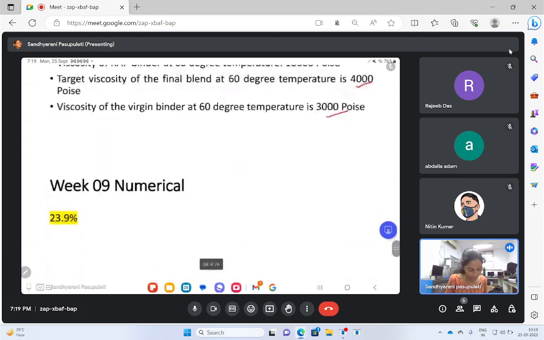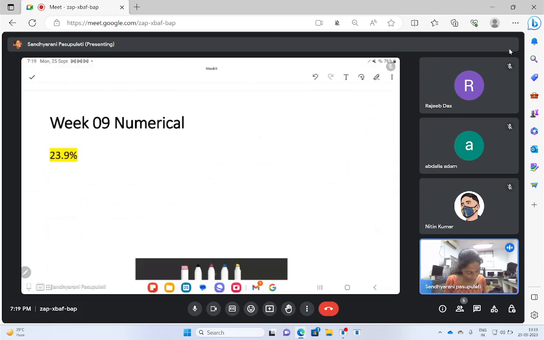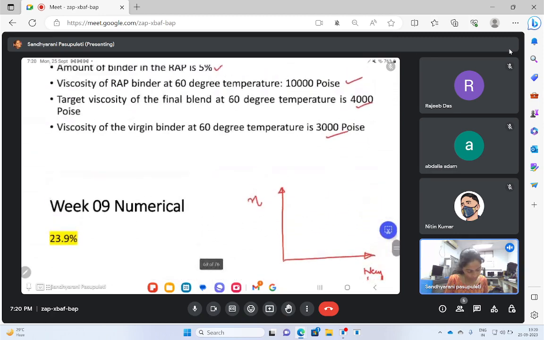If you remember our blending chart, we need the blending chart to calculate. In the blending chart, viscosity is here and the new binder blend is here. So what is given in the question?